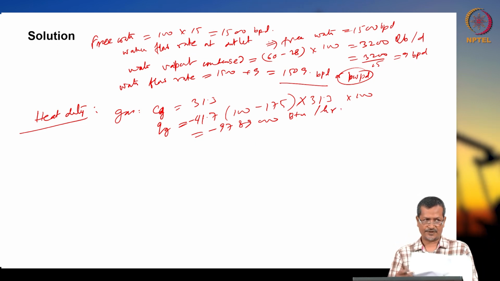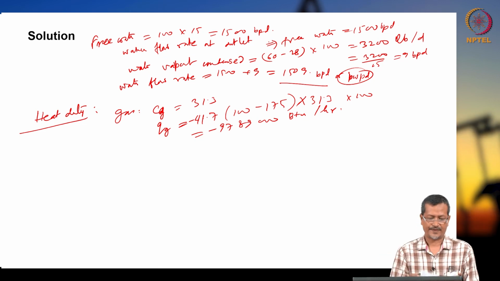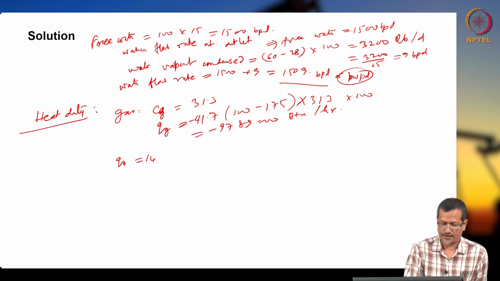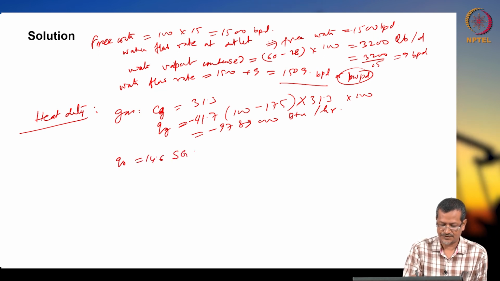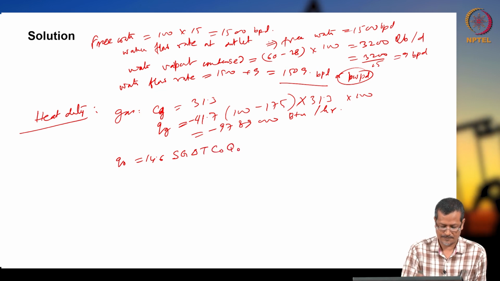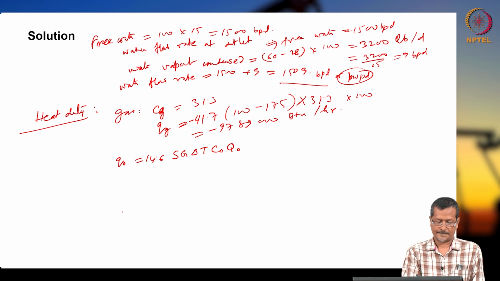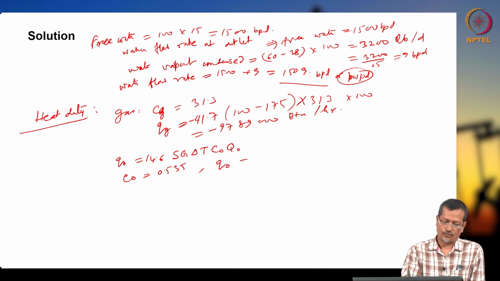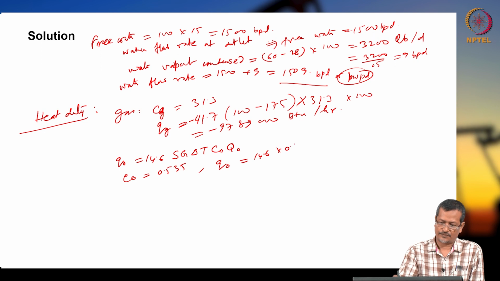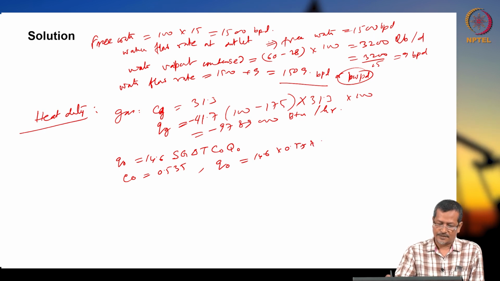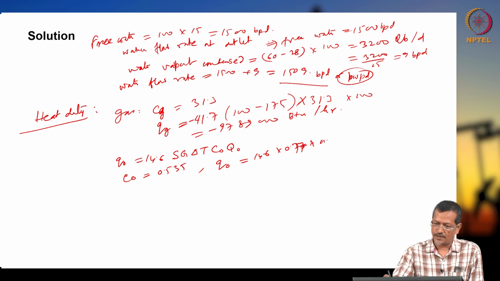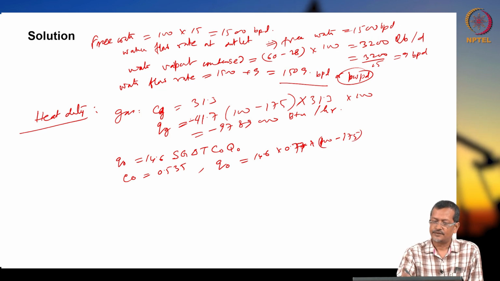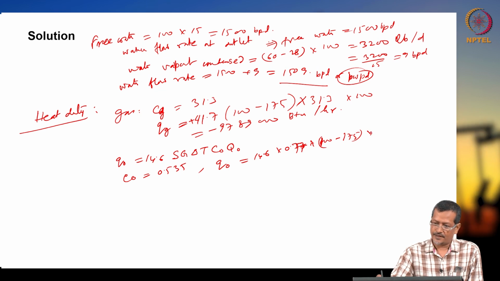Now condensate heat duty. Condensate means how much heat will be required for condensate. Okay, so Qo equals 14.6 Sg del T Co. Co value given 0.535, Qo equals 14.6 into 0.77 into 100 minus 175, into 0.535 into 6000 given.